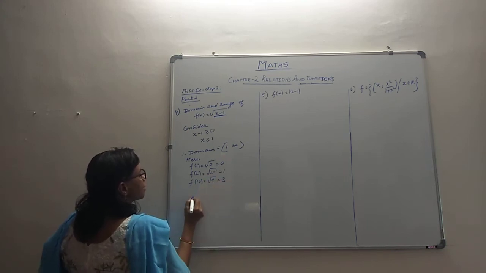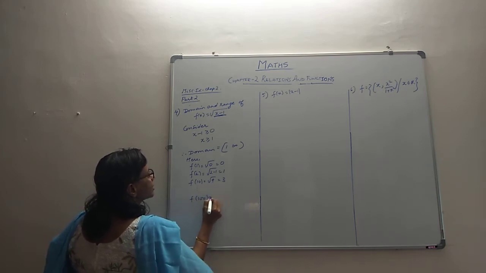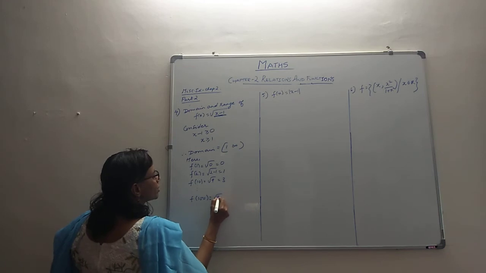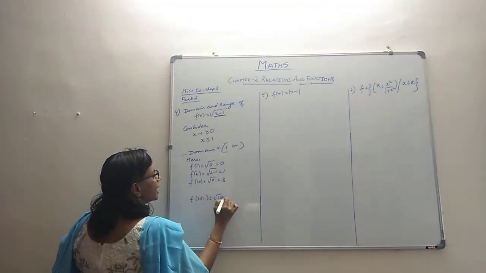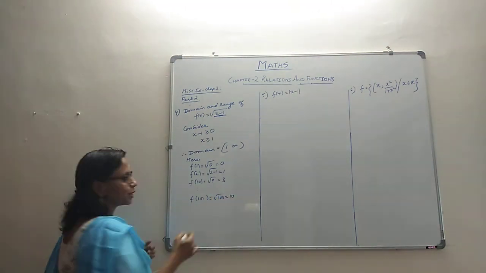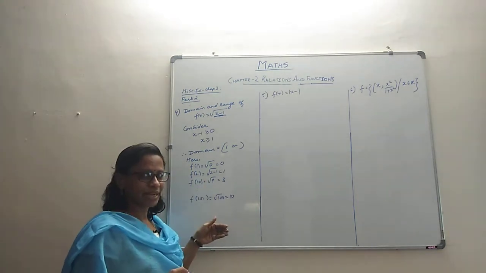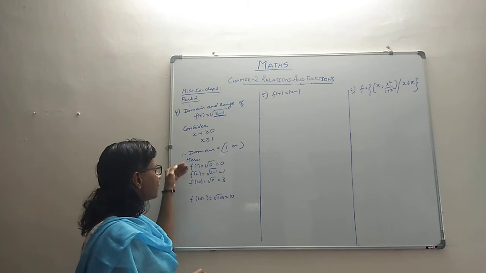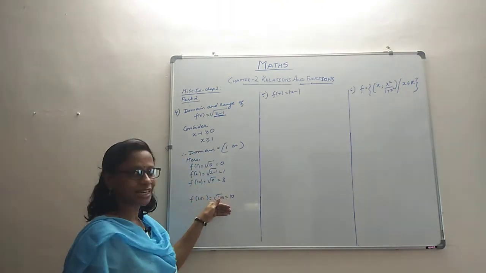Say f of 101, it is root of 100, and that will come to 10. So that way we get the values coming up. So we are having the function with values 0, 1, 2, 3 and so on till 10.